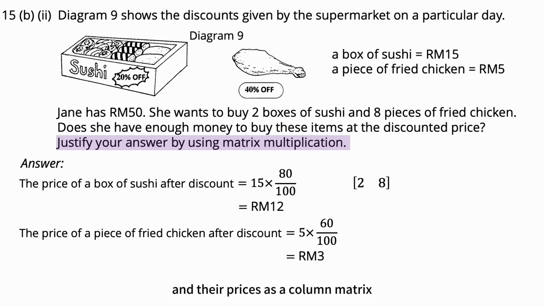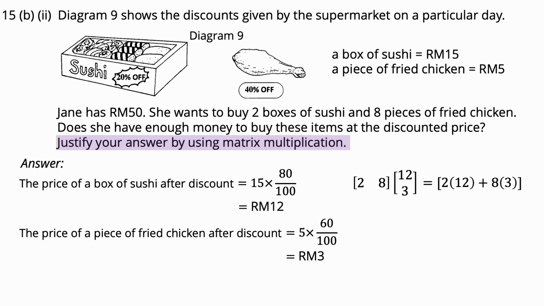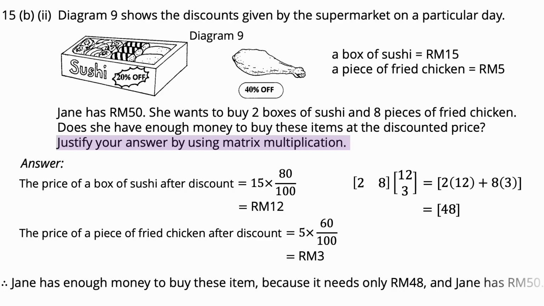And their prices as a column matrix, 12, 3. Do the multiplication. 2 times 12 plus 8 times 3 equals 48. Therefore, Jane has enough money to buy these items, because it needs only Rm48, and Jane has Rm50.